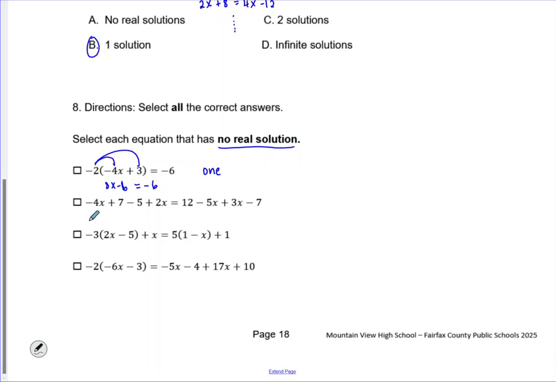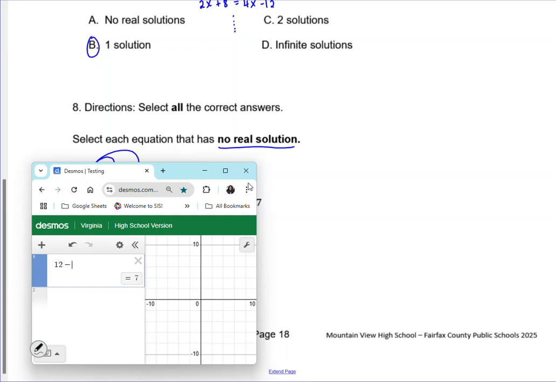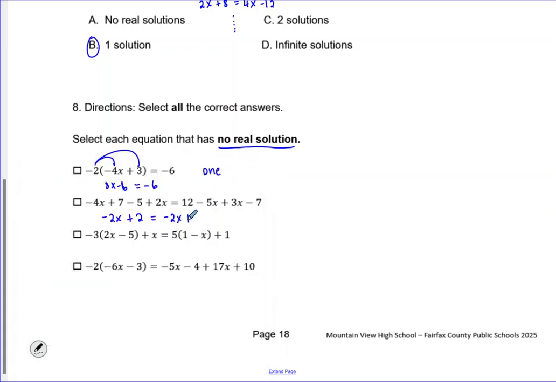Negative 4 plus 2 is negative 2x. 7 minus 5 is positive 2. That's the left side. And on the right side, negative 5 plus 3 is also negative 2x. And then 12 minus 7 is 5.